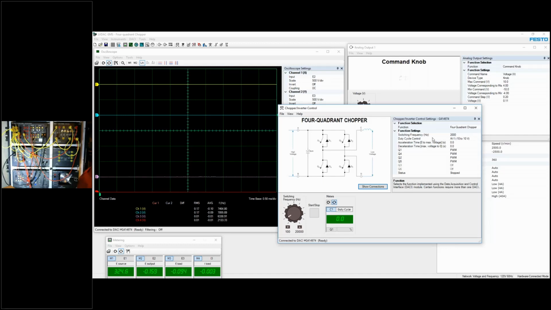So we saw in the previous exercise that I was controlling the duty cycle with the knob. Here, instead of using the knob, I say take the signal that comes in onto analog input 1, a signal that varies between -10 and +10 volt, use this signal as the duty cycle control.